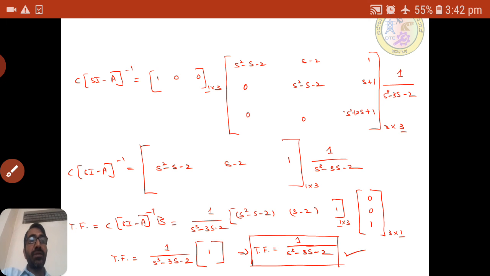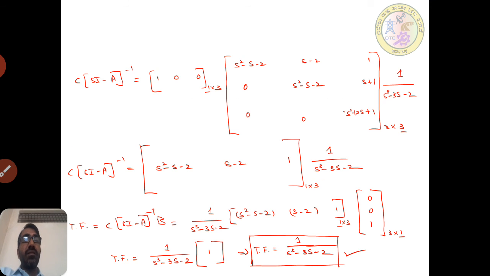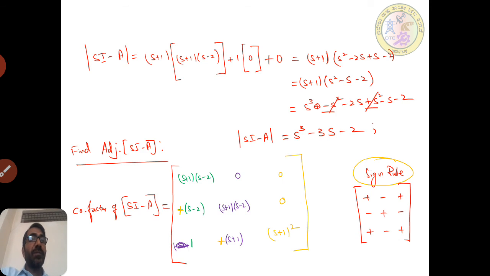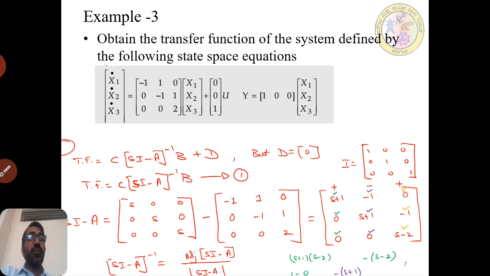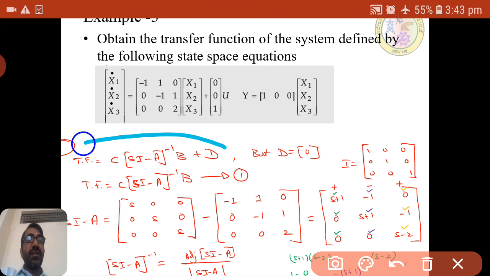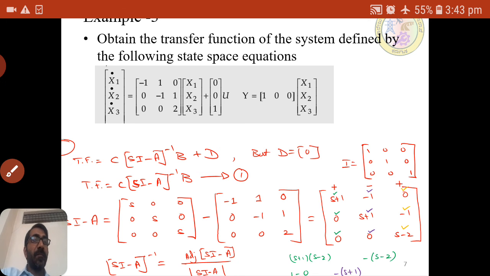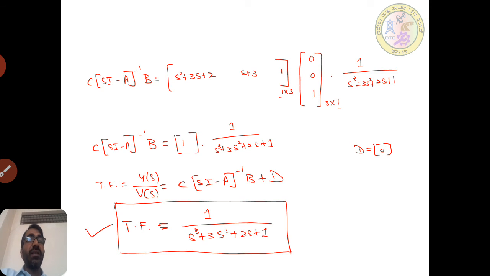So the transfer function is 1 by s cube minus 3s minus 2. Here we have considered two problems, both with 3 by 3 matrices. We need to apply the equation C into sI minus A inverse into B plus D. Like this we find the transfer function from the given equations.